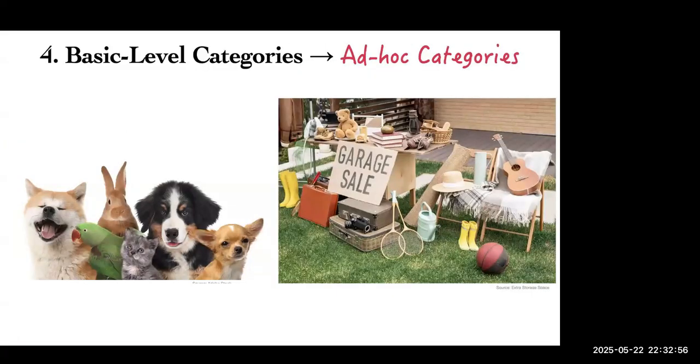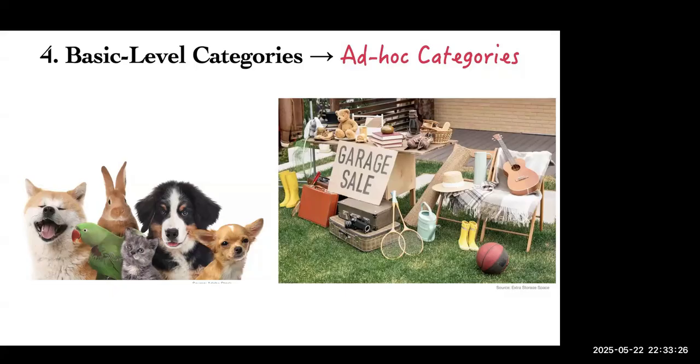So this is our work coming up next month at CVPR on ad hoc categorization. All the work people have done is on basic level categories, like cats and dogs. These are, in Eleanor Rosch's cognitive science language, basic categories, and she thinks there are finer-level subordinate categories and then superordinate categories.